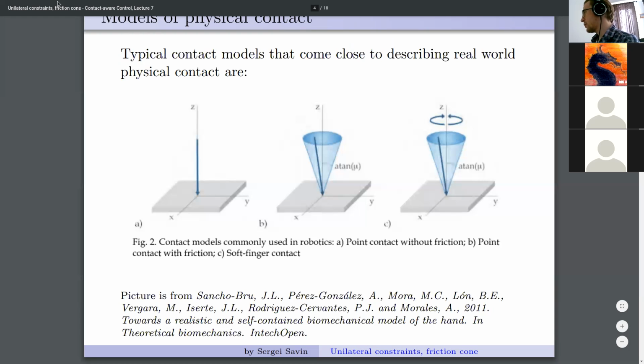When we talk about this ratio, it's convenient to talk about this cone that you see on the picture. You can think about it this way. The vertical direction of the cone is normal reaction.